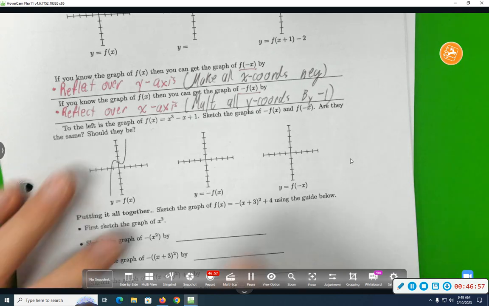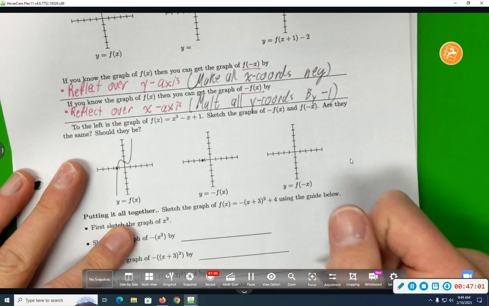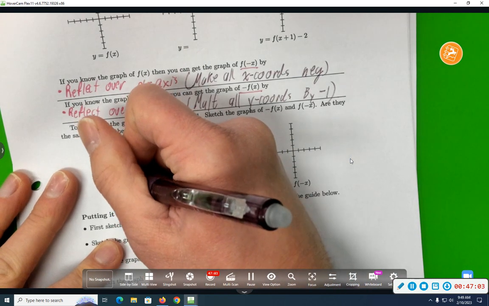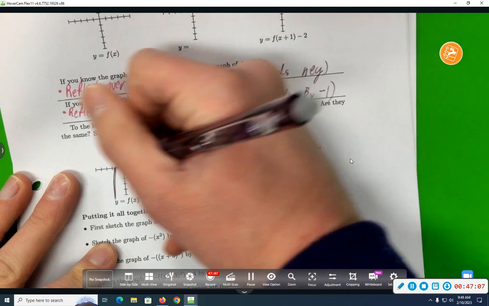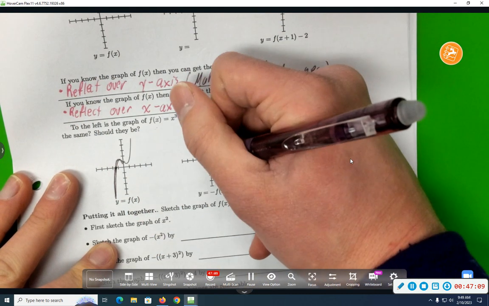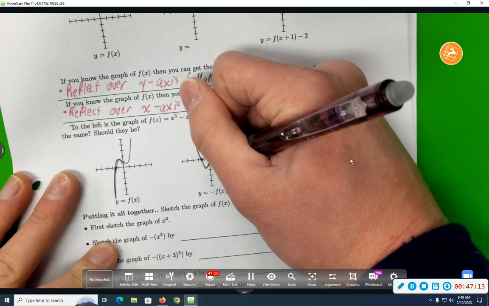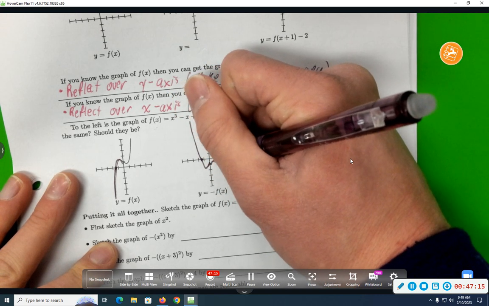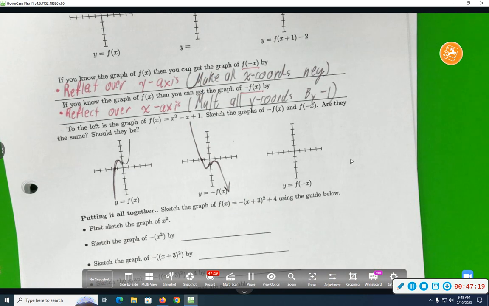When you reflect, this point will still be wherever it is, a little bit bigger than 1. These things that go down to that point will go this way. This wiggle up will become a wiggle down. And there's the graph of y equals negative f of x.